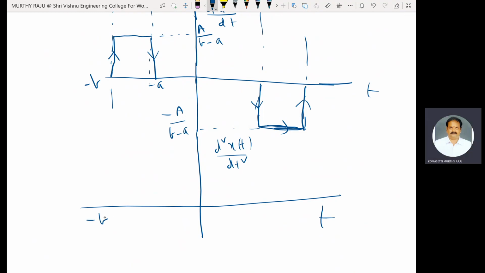Here minus b. This value is a by b minus a. Falling, rising. The differentiation of a constant is 0. Here minus a is there.